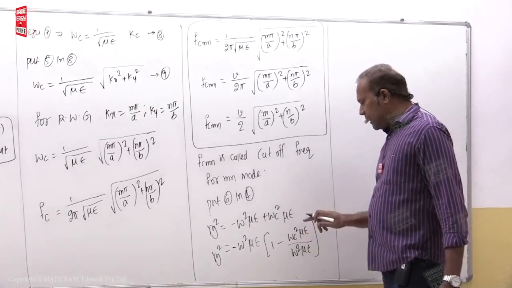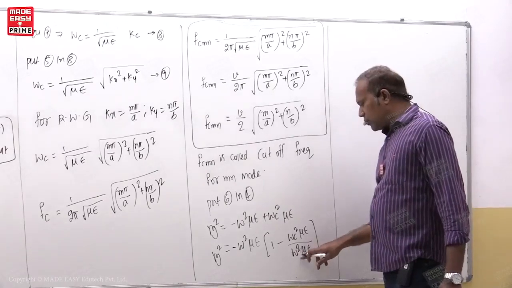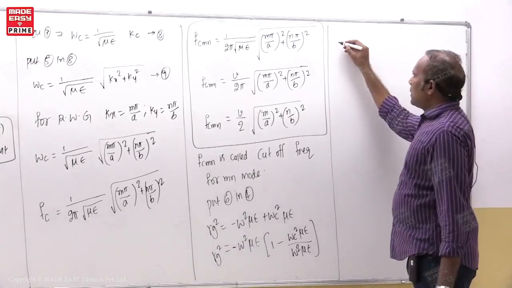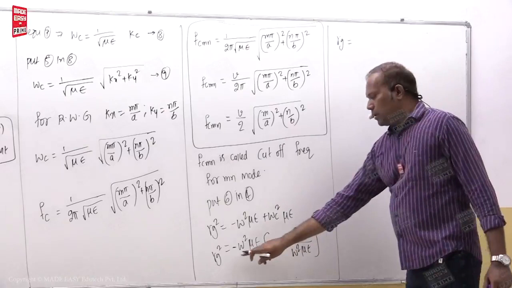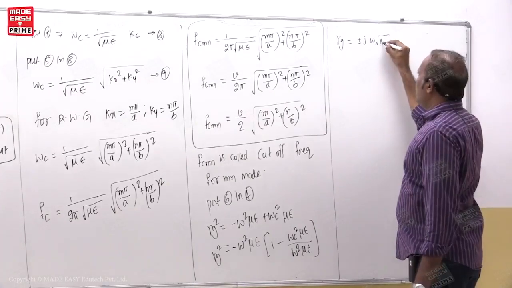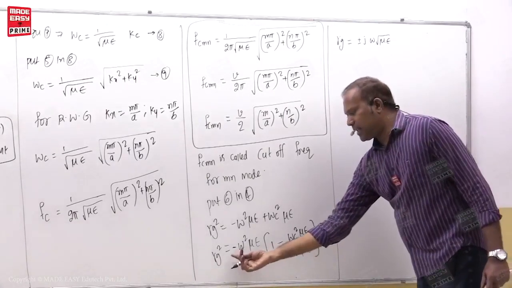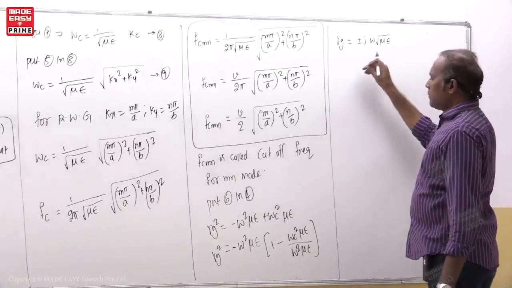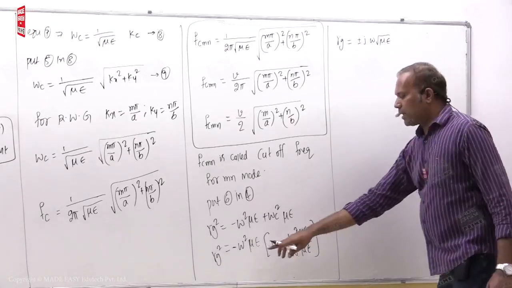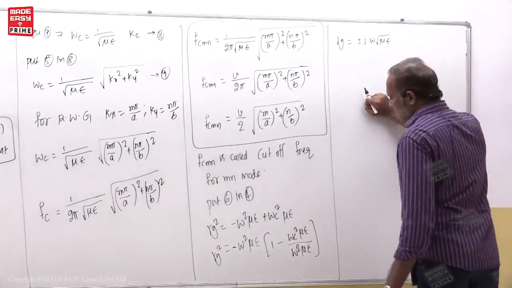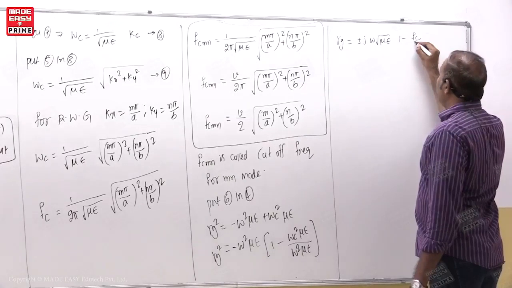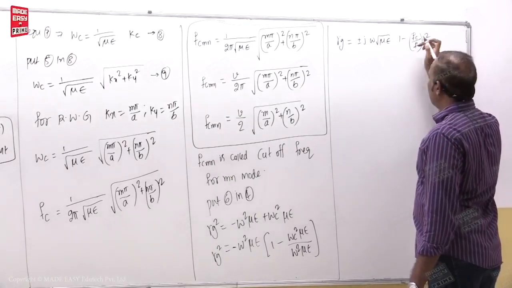This is 2 pi fc, then this is 2 pi f, so 2 pi cancel, so fc by f whole square you get. Now gamma g is equal to plus or minus j omega root mu epsilon, because you take root, na. Minus 1 is j square, so root of that is plus or minus j, then the square root of omega square is omega, root mu epsilon. Okay, here you got 1 minus fc by f whole square, you have to take root for that.